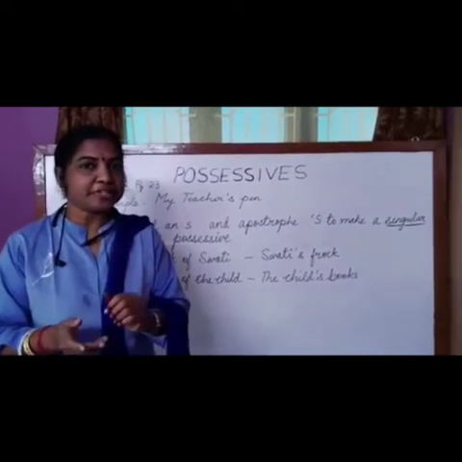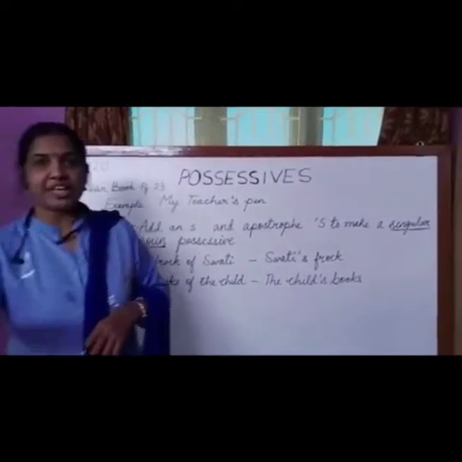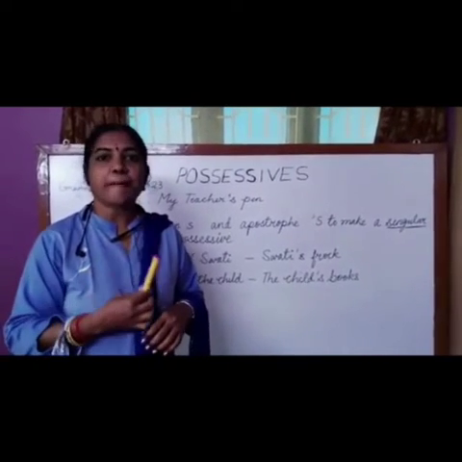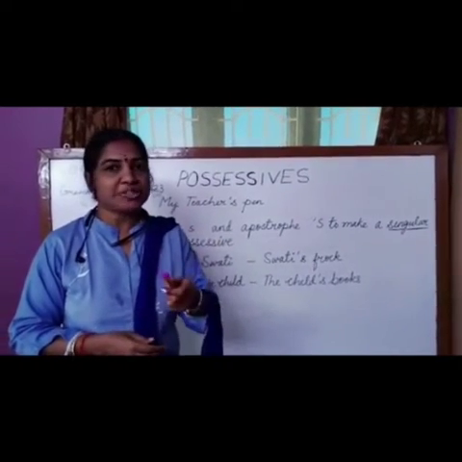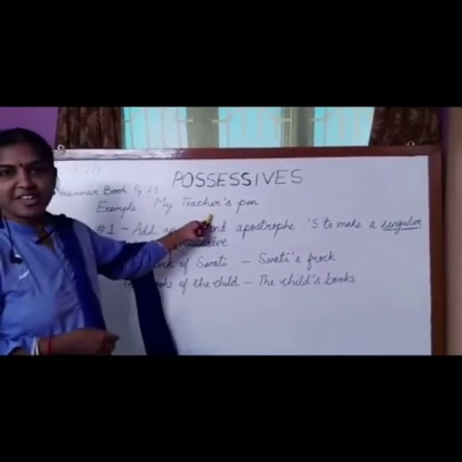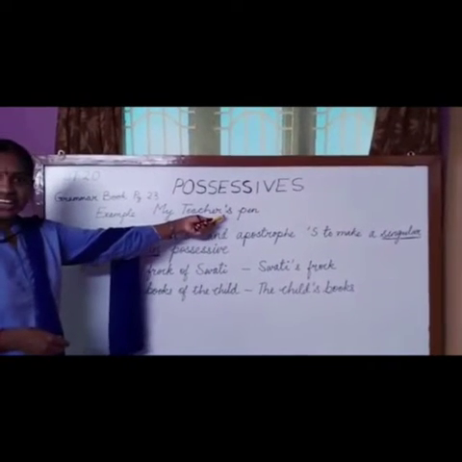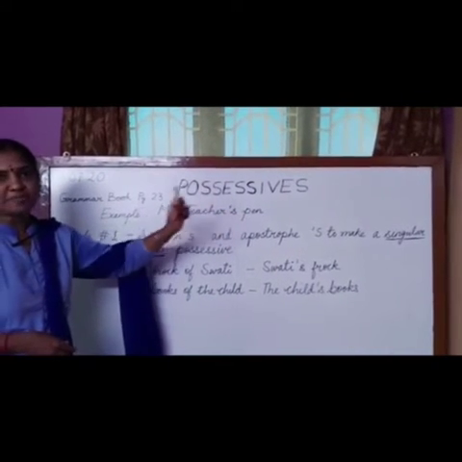It may be a person or an animal. For example, if I say, this is my pen, it means this pen belongs to me. And if anybody asks you, whose pen is this? You will say, my teacher's pen. Yes? So here, I am using an apostrophe S when I am saying teacher's pen.